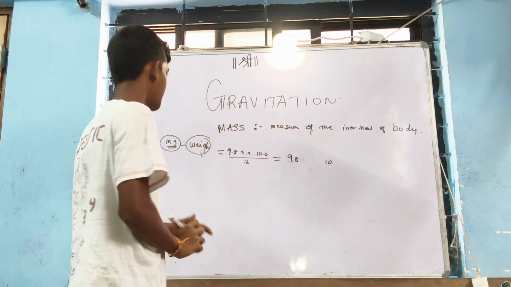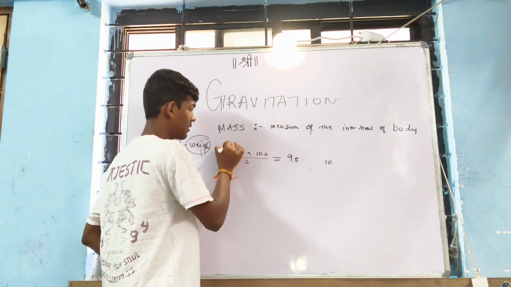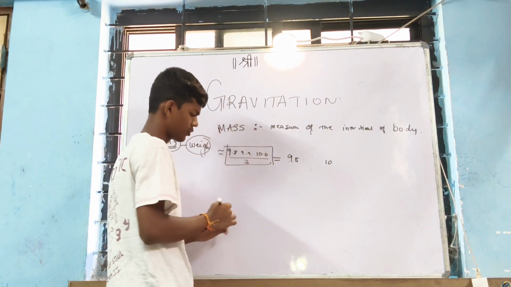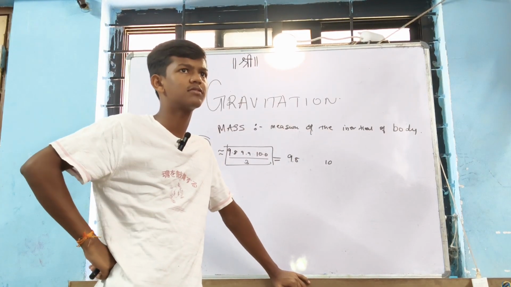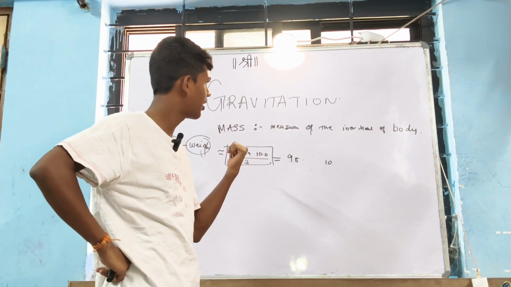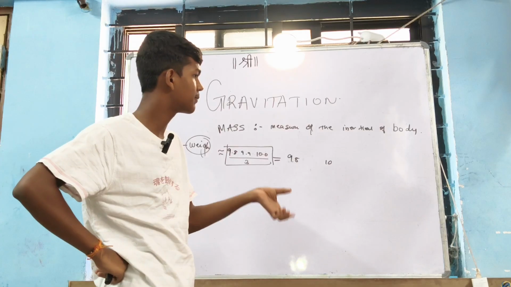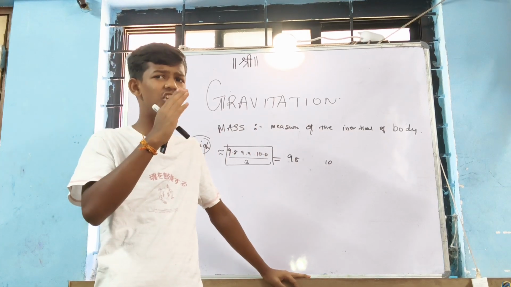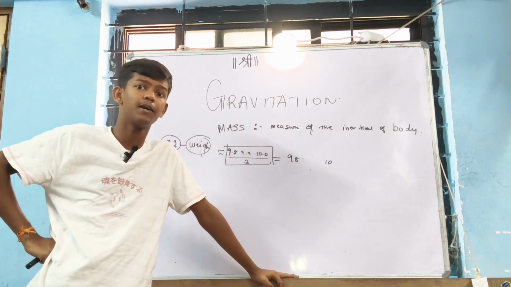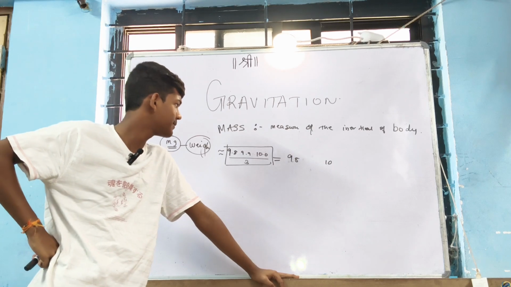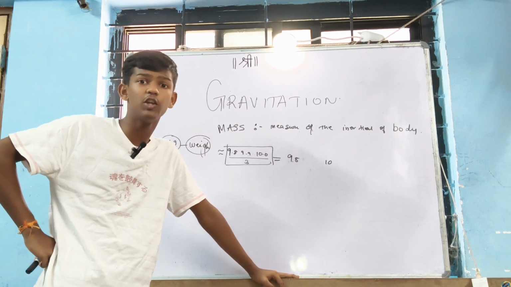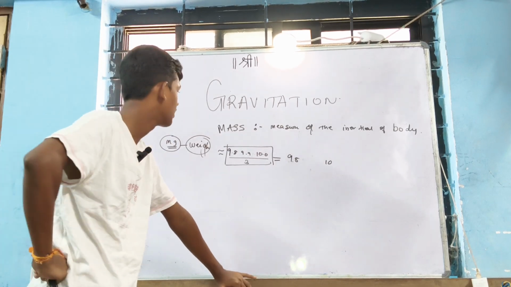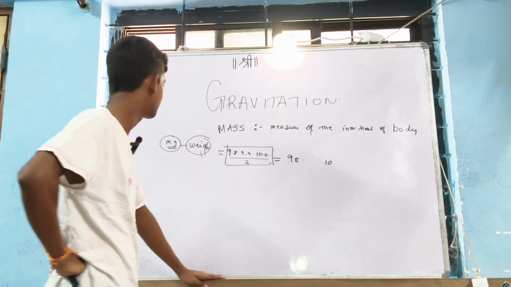It is not perfect, because some scientists discovered 9.8, some discovered 9, and a slight variation comes across in the research to find the accurate value of the acceleration due to gravity.